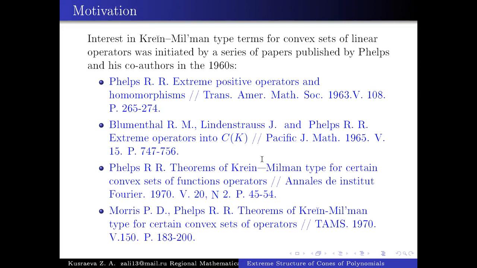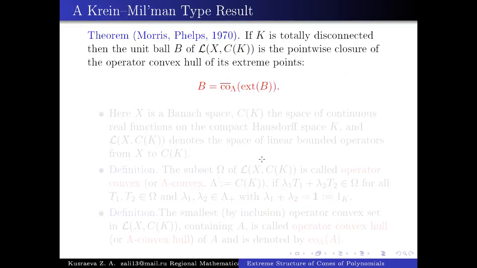Next let me show one typical result. It was obtained by Phelps together with Morris in 1970. Let me first formulate it, and after that I will give some explanations and all necessary definitions.